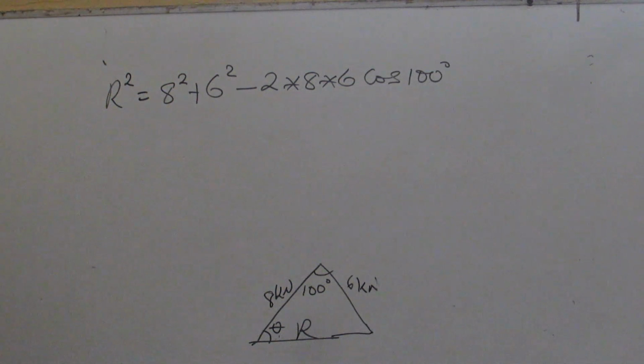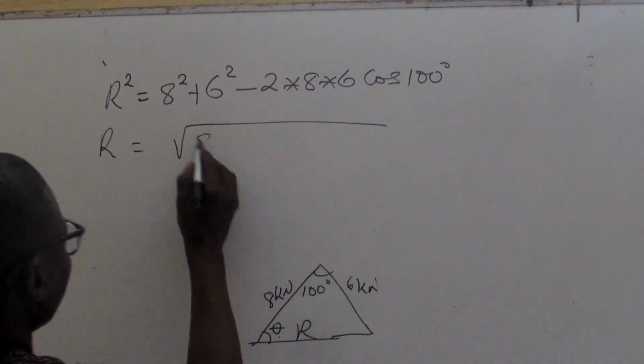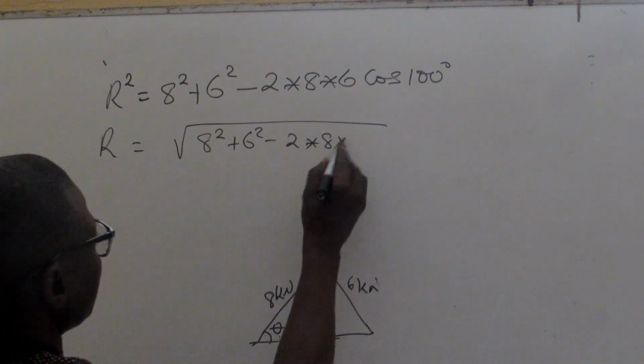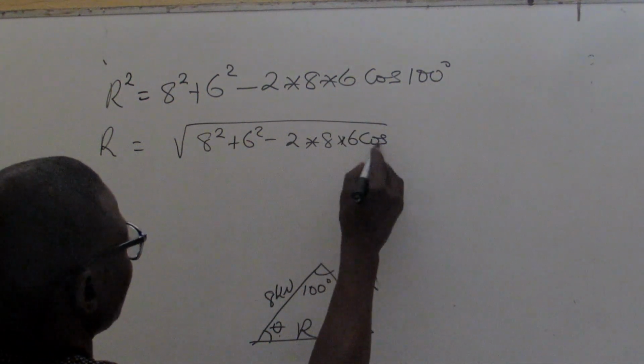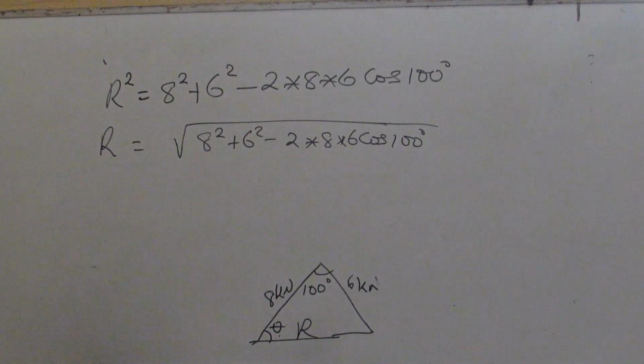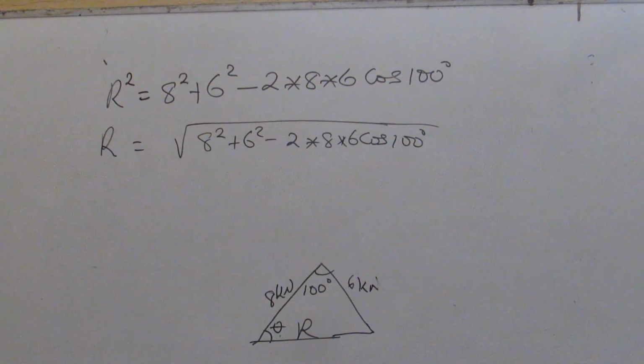So we are going to punch our calculators to find the values, and finally our r alone is equal to the square root of 8 squared plus 6 squared minus 2 times 8 times 6 cos 100 degrees. Then we have to punch the calculator together to get this value. Remember, the angles are in degrees, not in radians.